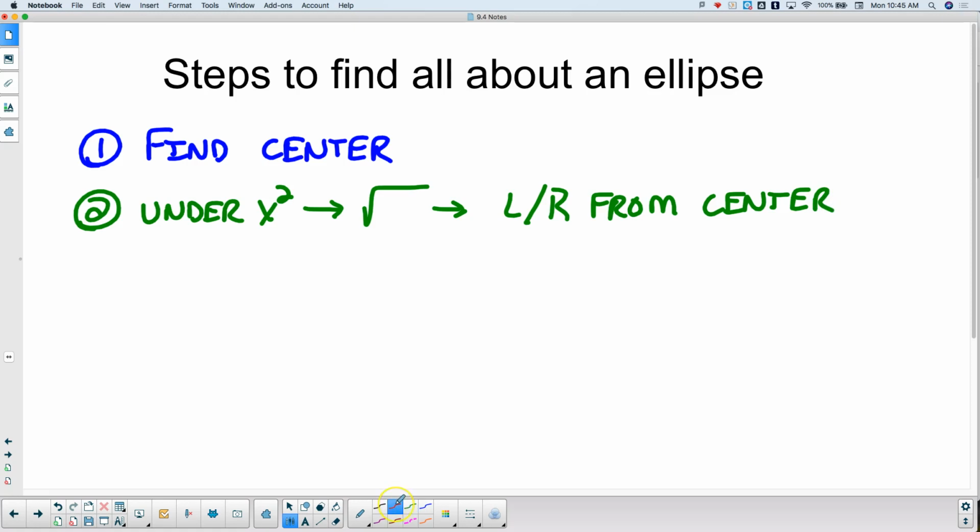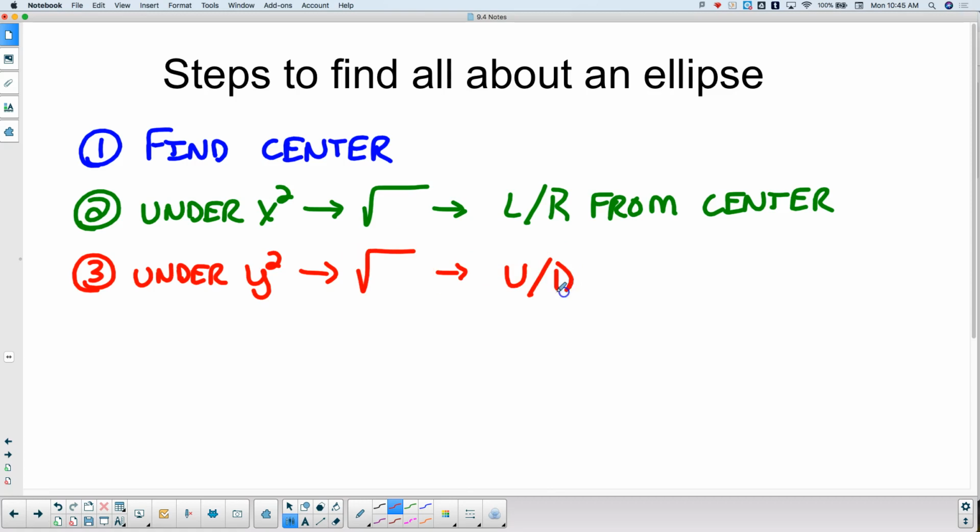Step 3, we're going to look under the y squared. We're going to take the square root of that, and that is going to be up and down from the center. The longer one of the two is going to be the major axes. The shorter one of the two is going to be the minor axes.